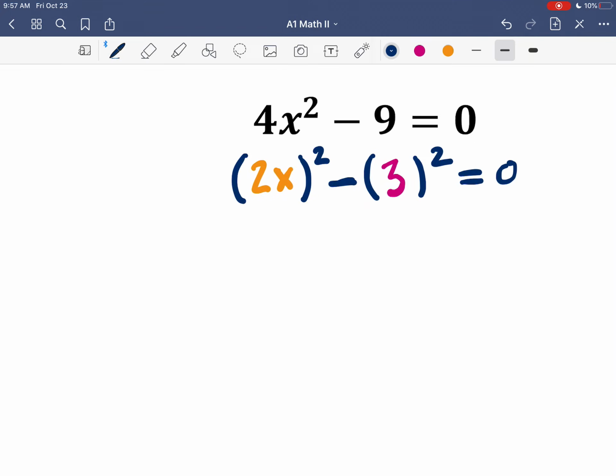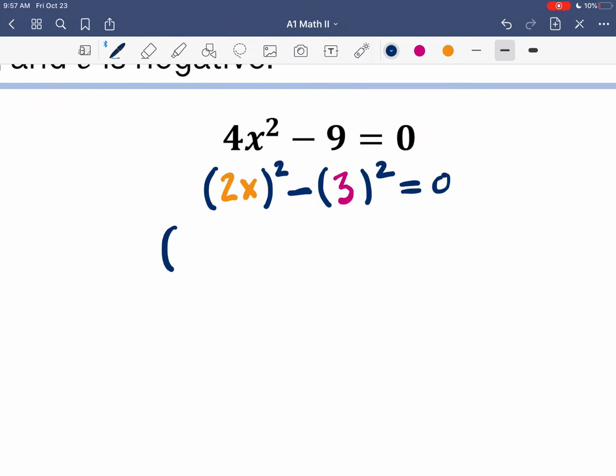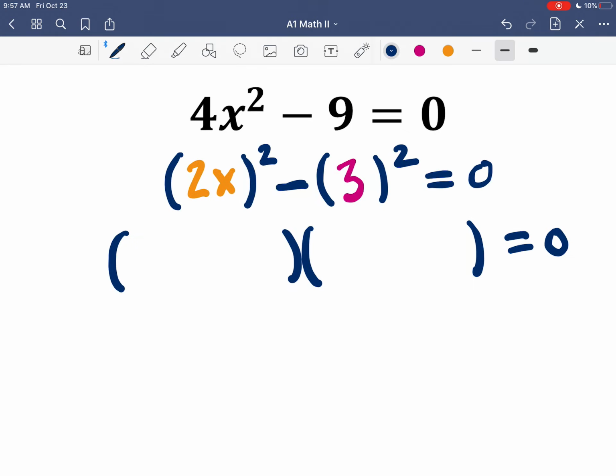We could go into why this works, but I simply do not have the time, and because this only works in such very particular cases, I don't go super into it. I just want you to follow this pattern. After you've written both things as a difference of squares, you make two parentheses. Using the 2x and the 3, 2x goes first in both, and 3 goes last in both.